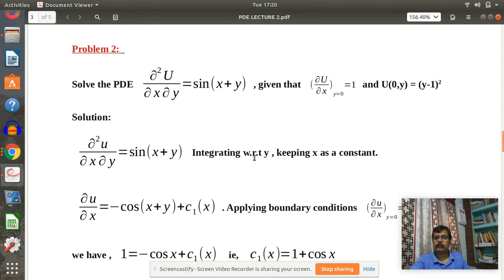So what we do is integrate with respect to y. We may start with x or y; I am starting with y, integrating with respect to y, keeping x as a constant.